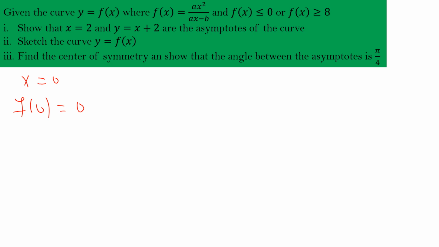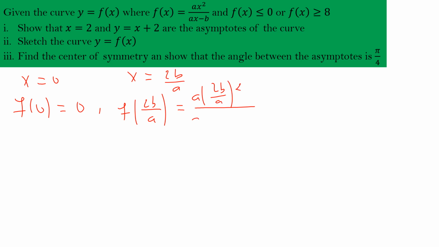Let us also use x equal to 2b divided by A. What is f of 2b divided by A? We replace x with 2b divided by A: we have A times the square, then divided by A times 2b divided by A, then minus b.